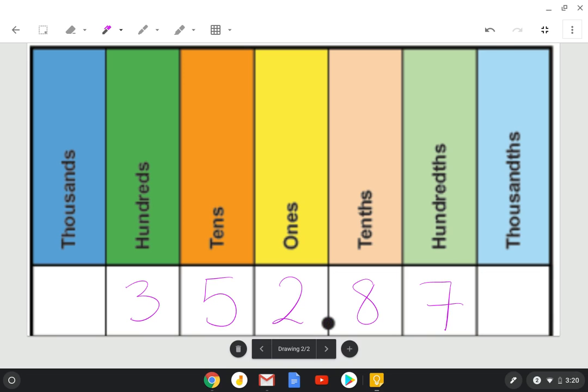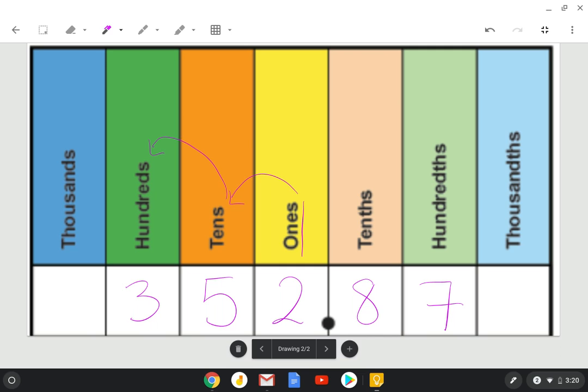The first number in front of the decimal is what we call the ones. Once we get to 9 ones, we move over to the tens, and then as we get 9 tens, we move up again and get hundreds. So this tells me that I have 3 hundreds, 5 tens, 2 ones.